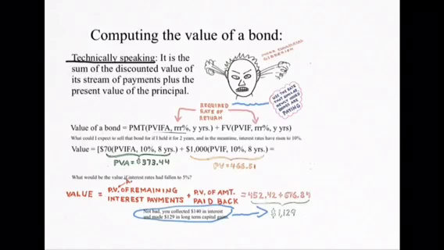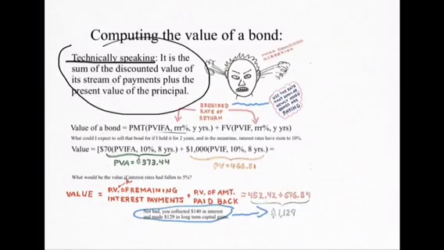The value of a bond is the sum of the present or discounted value of its stream of interest payments plus the present value of the principal repayment. This technical financial jargon is making this guy so frustrated that steam is coming out of his ears. But if you think of it, this formula for the value of a bond is pretty intuitive.